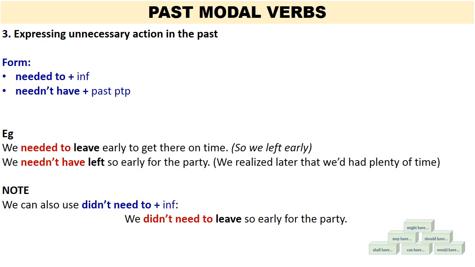For example, we needed to leave early to get there on time. And this is the reason why we left early. In the negative, we would say, we needn't have left so early for the party. And that's because we realized later that we'd had plenty of time to get there.